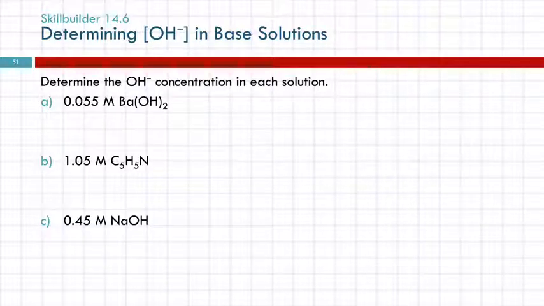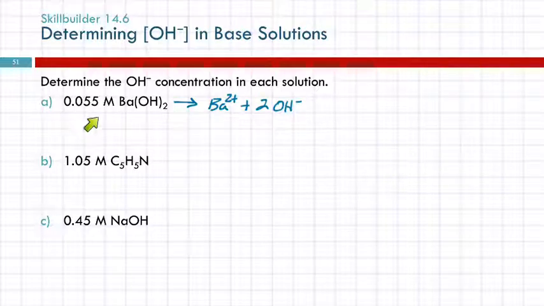Anything that's an ionic hydroxide, barium hydroxide, sodium hydroxide, anything metal ion with hydroxide is a strong base. Well, now we need to be a little bit careful. When this dissociates, we're going to get one barium ion and how many hydroxide ions? 2. So for every one of these, we get 2 hydroxides.